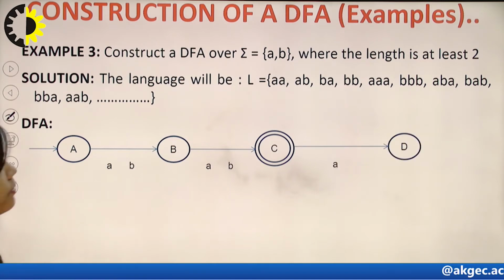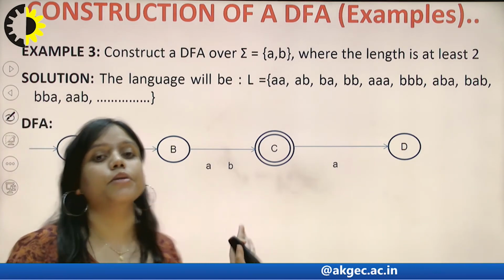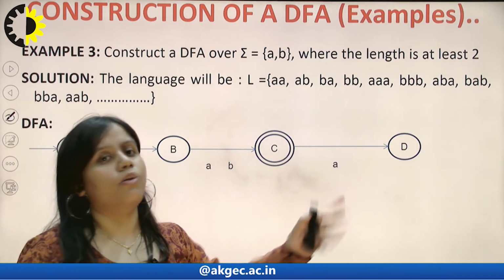Okay, so similarly, minimum it can go to, it has to be there, that minimum should be length 2, and then further it goes about whatever it can be.